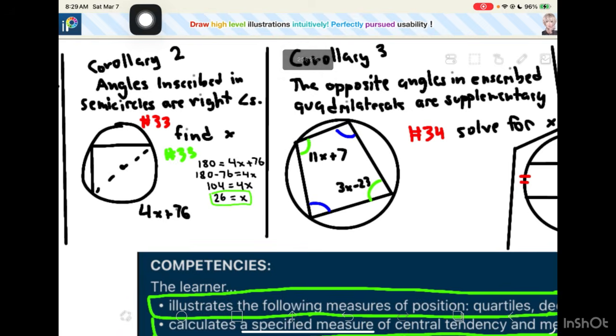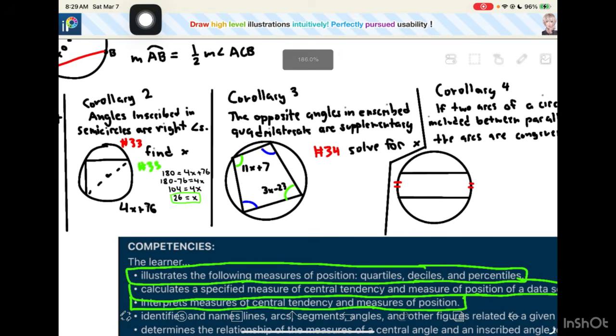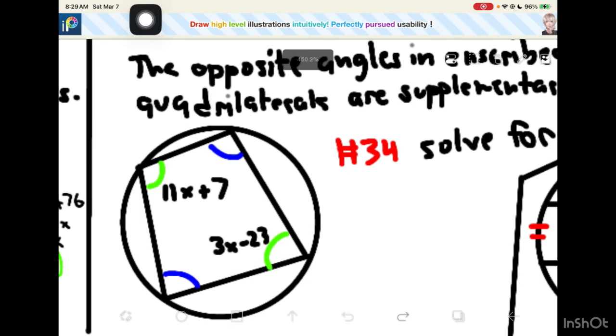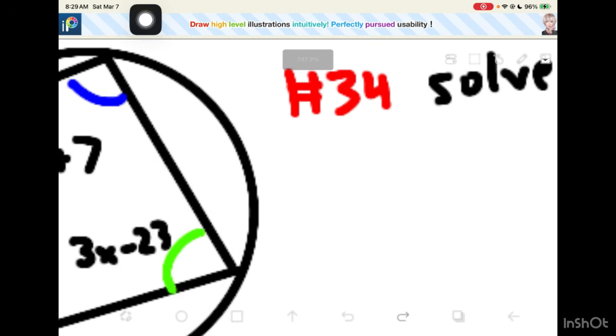Okay, next. Corollary 3. The opposite angles in inscribed quadrilaterals are supplementary. So therefore, this angle and this angle is equal to 180. In order to solve this one, we need to combine the terms.